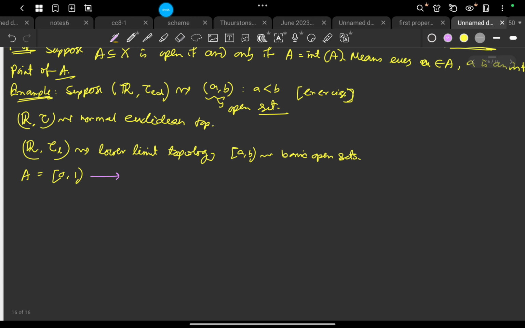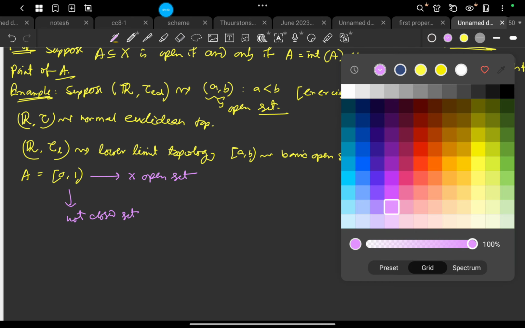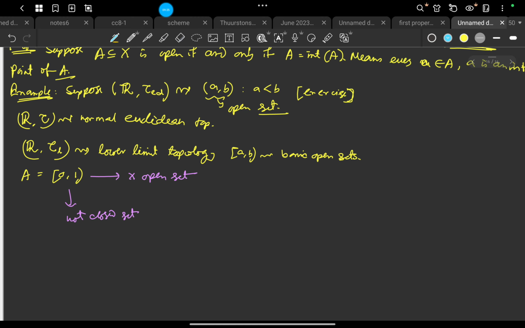That this is not an open set, and this is not a closed set. First of all, these two things are there. So why is it not an open set? Because you can easily see that 0 is not an interior point. Why is it not a closed set?